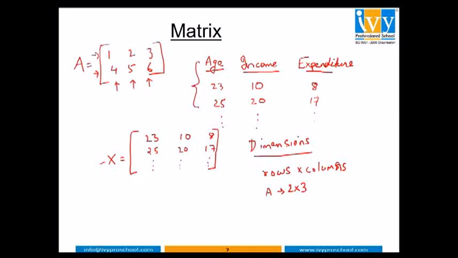And similarly for this, if we had suppose 20 rows, then this matrix X will be represented as 20 cross 3 matrix. So I hope you get the intuition of what a matrix is, how to represent it.